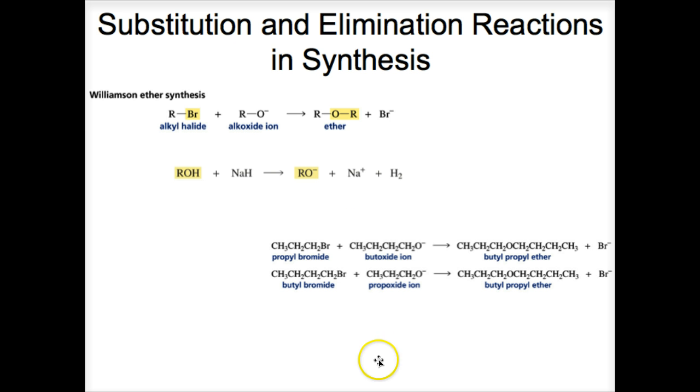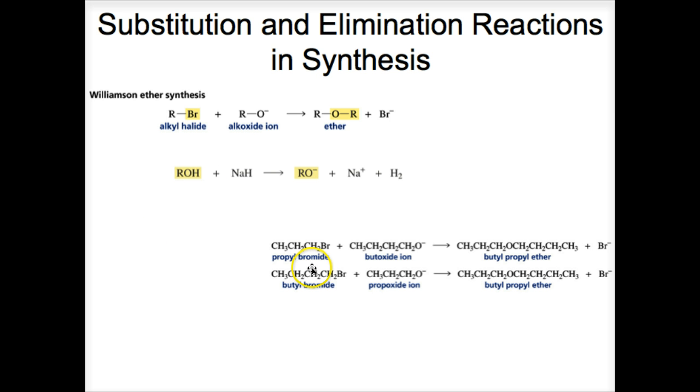So you can see these two examples. What would be the reactants needed if you wanted to synthesize something a little different, like tert-butyl ethyl ether? Of course, if you look at this closely, you realize that you're going to need ethyl halide and a tert-butoxide ion. And we're going to look at that on the next slide.